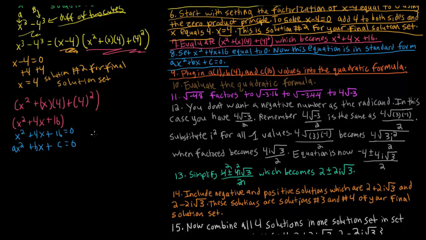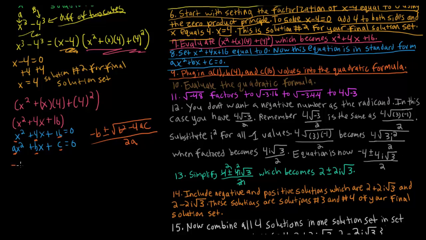And we know our quadratic formula is minus b plus or minus the square root of b squared minus 4ac all over 2a. So we just need to go ahead and plug these values right here into the equation. The coefficient of x squared will be our a value, 4 will be our b value, and 16 will be our c value. So we'll just plug that into this formula.